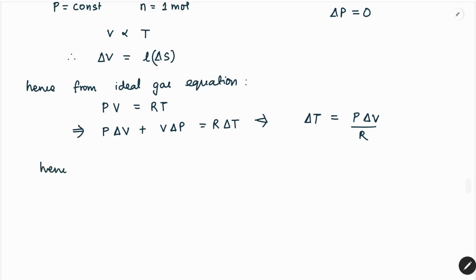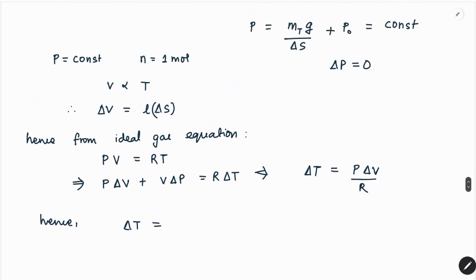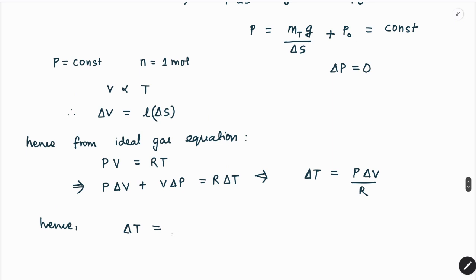So hence we can say that the change in temperature delta T is equal to P naught delta S. So we are substituting the value of P over here, P which we have obtained in this way.